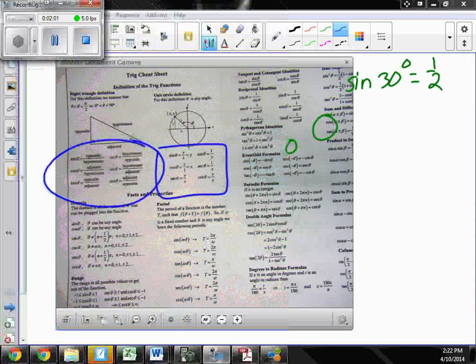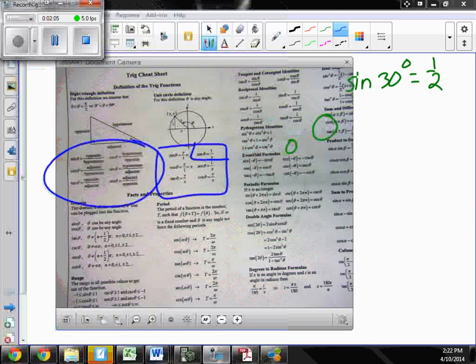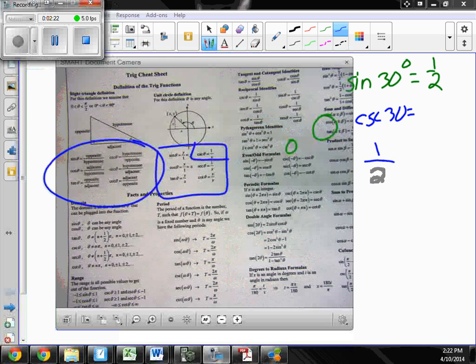And look at cosecant. It says 1 over y, which means take the fraction the unit circle gives you and flip it upside down. So if I asked for the cosecant of 30, you're going to take 1/2 and flip it upside down and get 2 over 1, which is just 2.